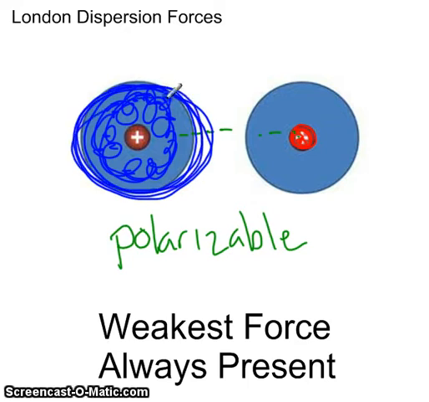It's not going to be perfectly round. And if it's not perfectly round, you can have a slight uneven distribution of the electrons on one side. This is what we call a molecule that is polarizable. It's just very slightly polarizable.